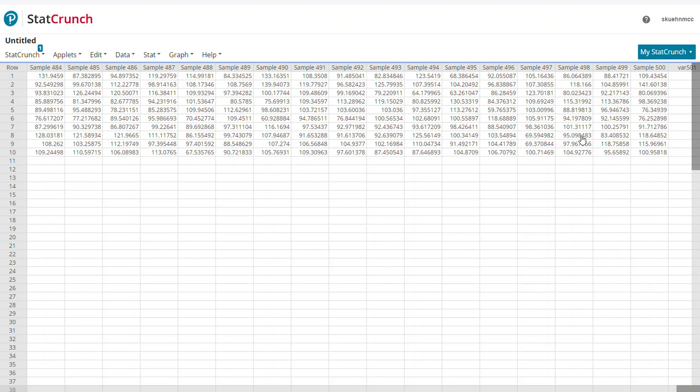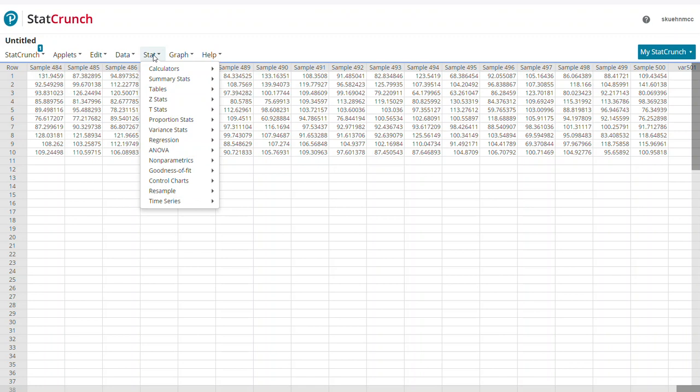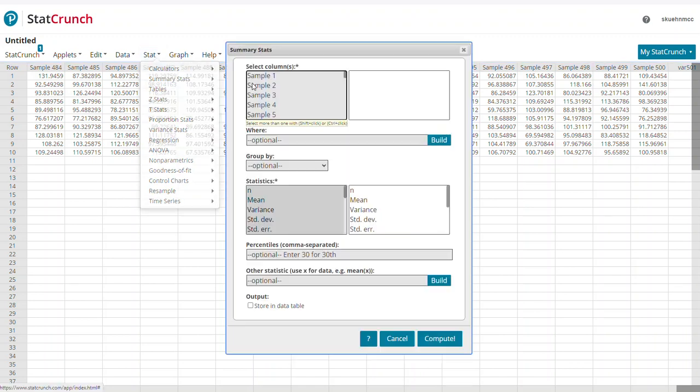Now, each one of these 500 samples is going to have its own mean and standard deviation. So each one of these samples has its own sample mean and sample standard deviation. So we're going to look at that value now, and we can quickly use StatCrunch to find that using stat, summary stats, column.